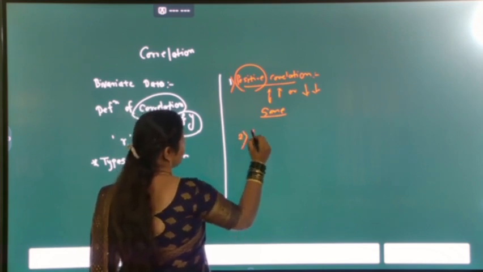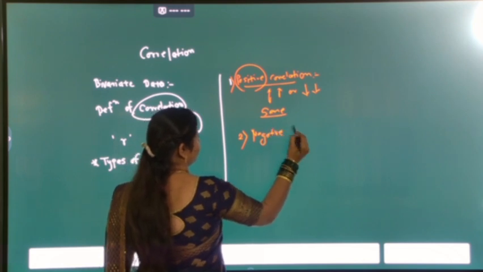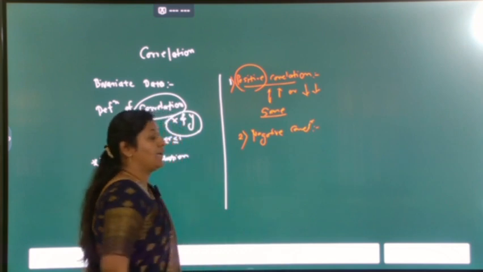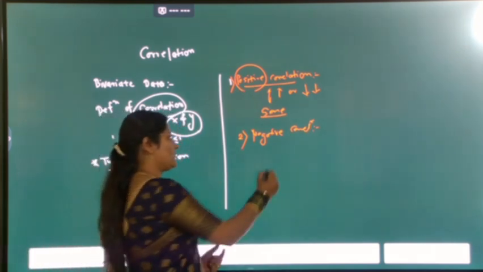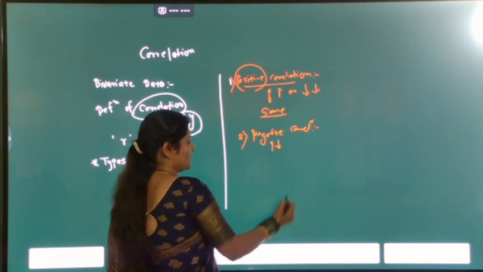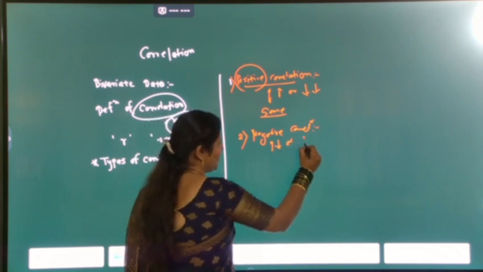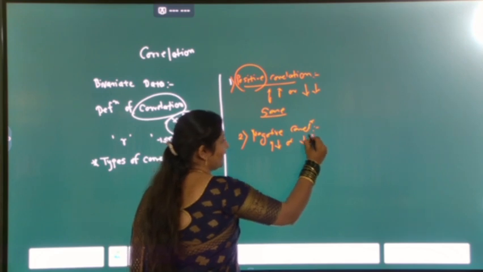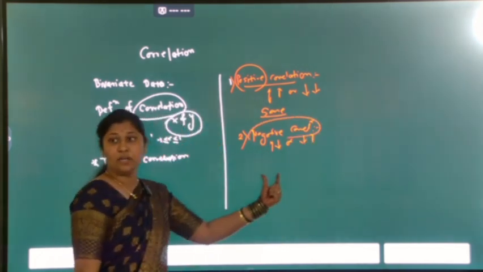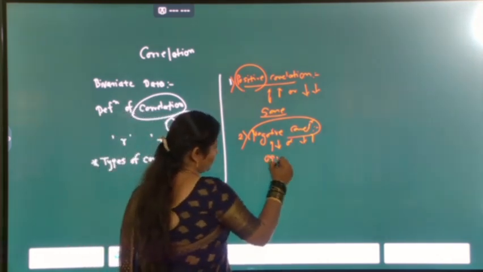Second type is negative correlation. If the value of one variable increases, the value of another variable decreases, or vice versa. Means the value of the first variable decreases, the second variable increases, it is called a negative correlation. Negatively correlated variables change in opposite directions.